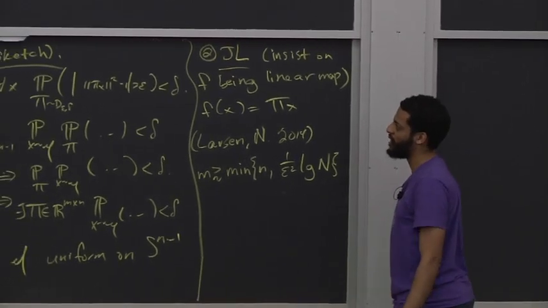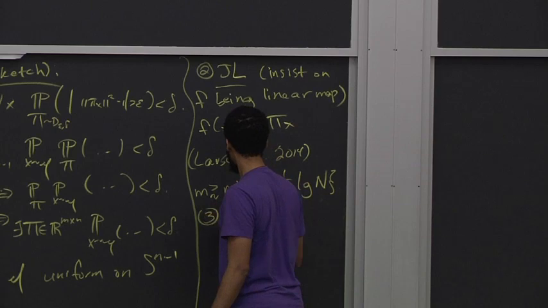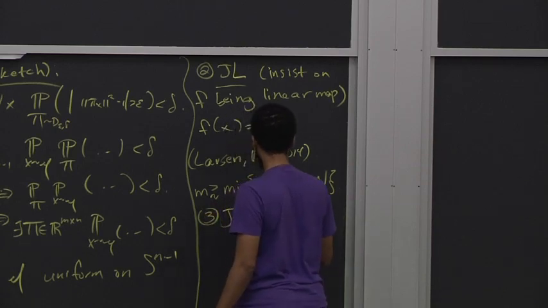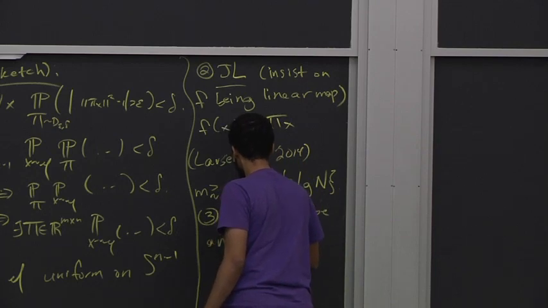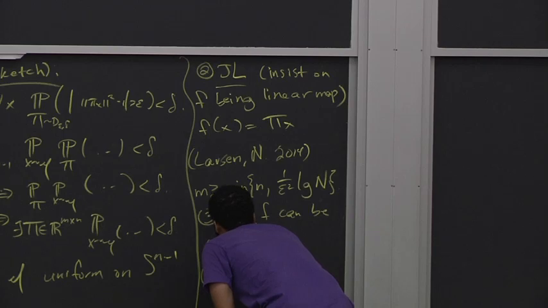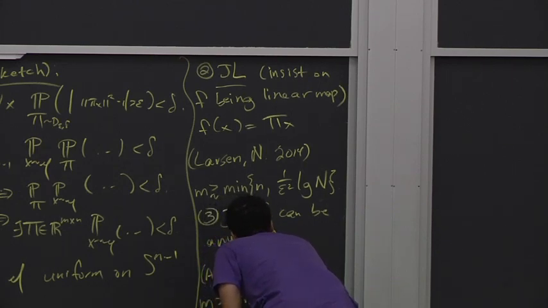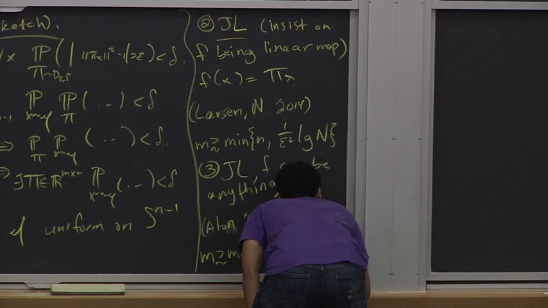What about if you don't have any requirement on F? That's what I'm going to show today. So this is JL, where F can be anything. And then Noga Alon showed in 2003 that m has to be at least the min of n and 1 over epsilon squared log n over log 1 over epsilon.